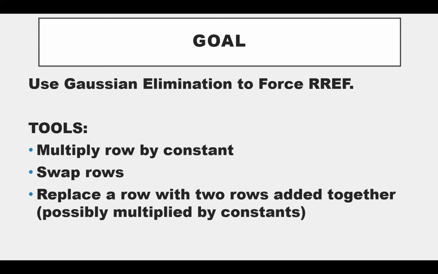We're going to multiply a row by a constant number. We're going to swap rows. We're going to replace a row with 2 rows added together. And a lot of times I'll multiply the 2 rows by a constant and then add them together. We do that until we get to the row-reduced echelon form.